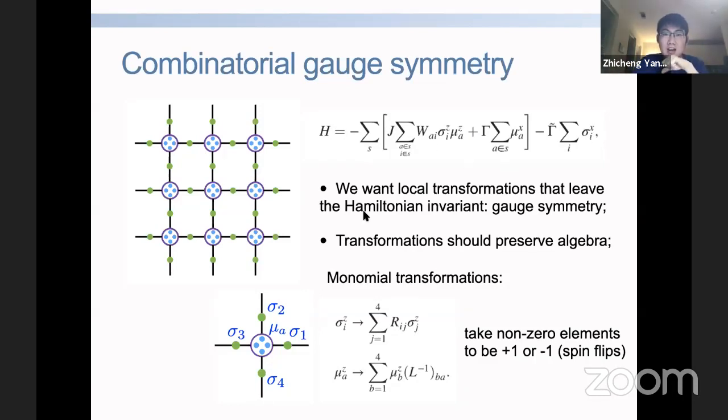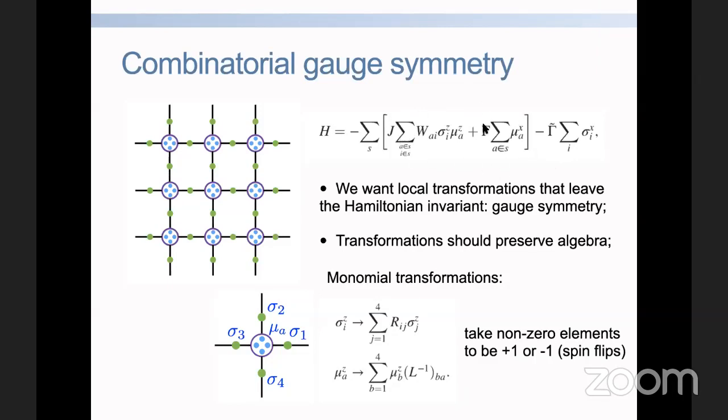Now we want to impose a gauge symmetry. Similar to the Z2 gauge theory, let's start by considering a single star. We want a transformation that leaves the single-star Hamiltonian invariant; you can just think of the terms in the square bracket.